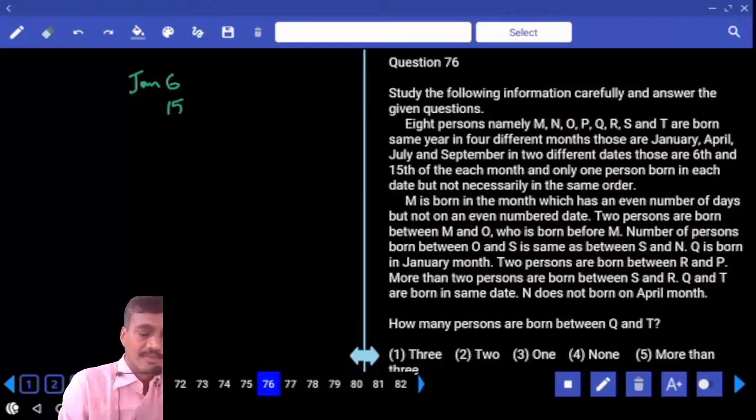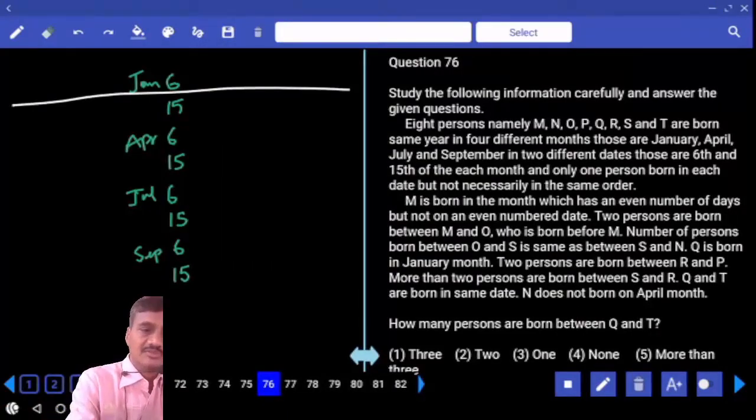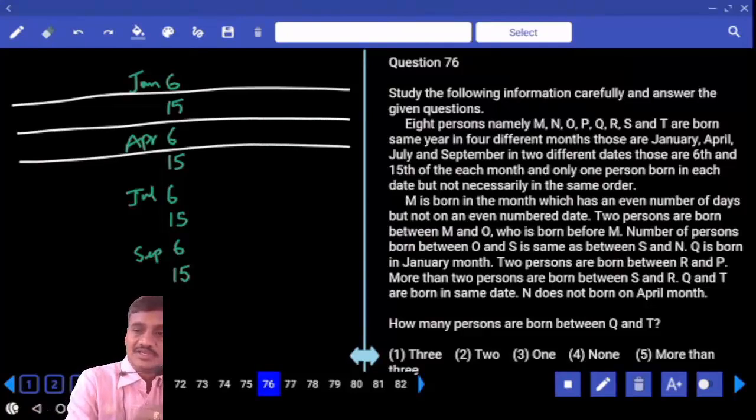Next April 6th and April 15, then July 6th and July 15, and September 6th and September 15. So there are 8 persons on these 8 different dates.